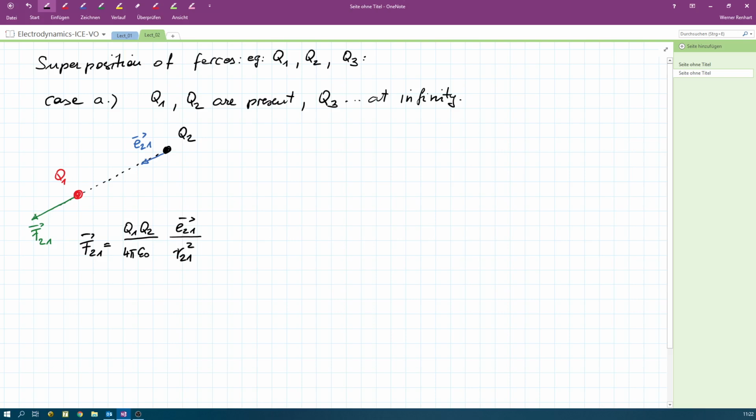So, case B. We have again our charge Q1, and maybe the charge Q3. Q1 and Q3 are present, and Q2 is at infinity.